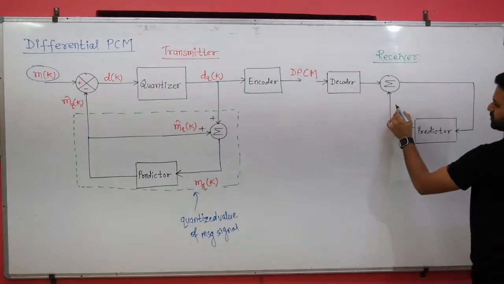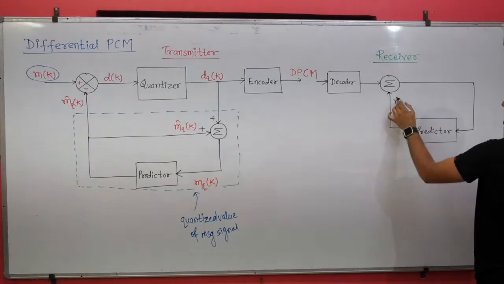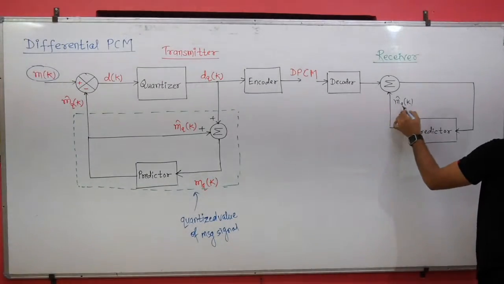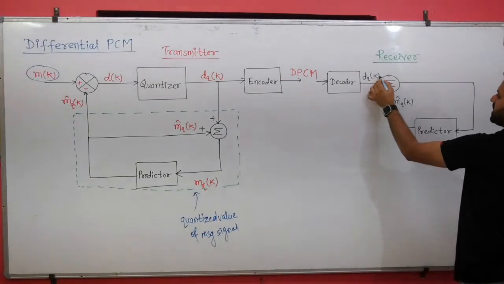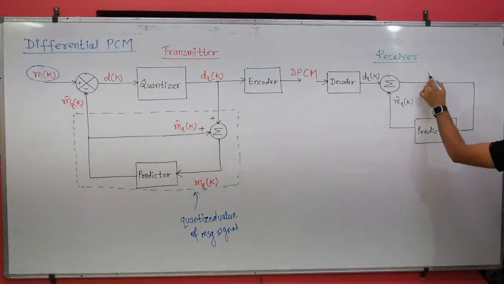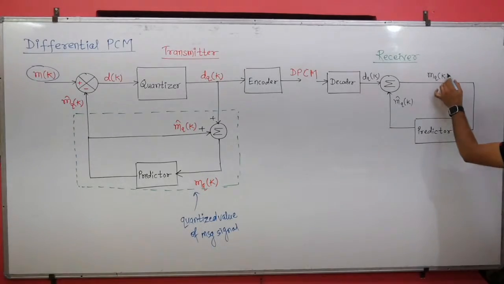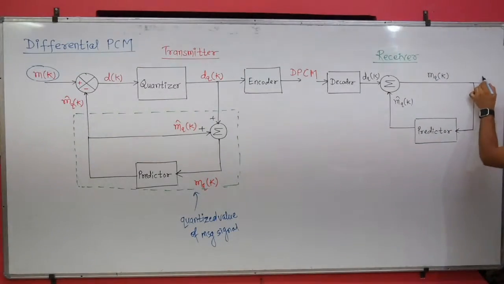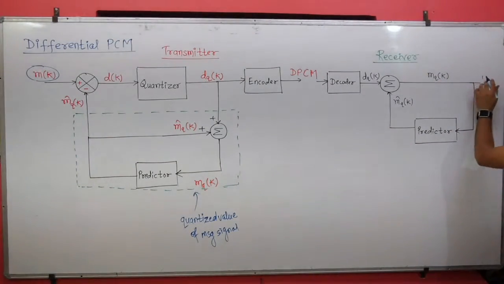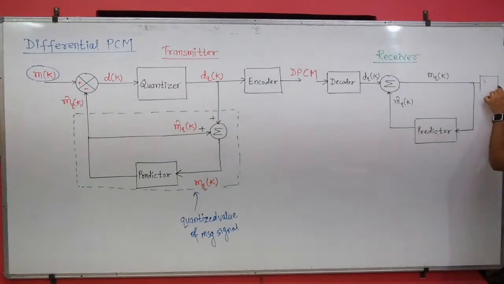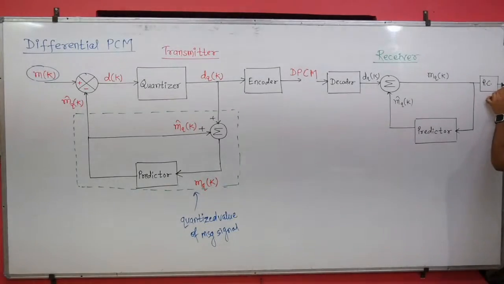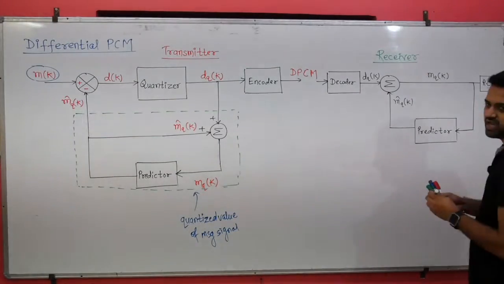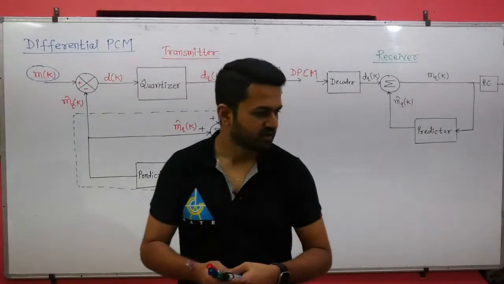The predictor output is m cap qk and the input to this adder is dqk. When we add these two signals we get mqk, and after getting this mqk we use the reconstruction filter and we get the message signal. I hope you are able to see.